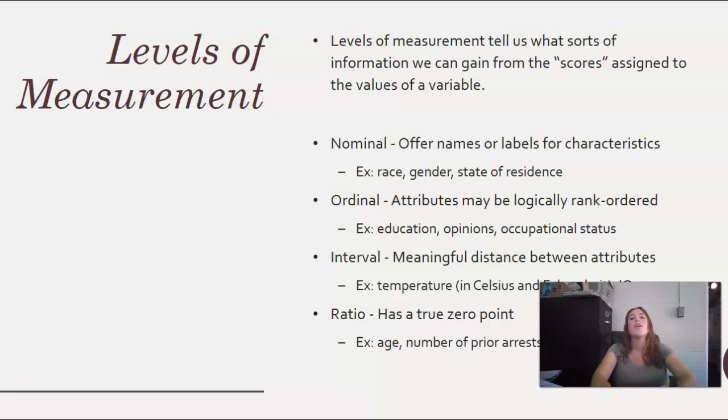When we are measuring education like we were before, we can have different categories. We can have grade school education, middle school education, high school education, let's say some college, and then a college degree. So we know that someone who has a college degree has had more education than someone who just has a grade school level education. So this makes sense in a logical order.